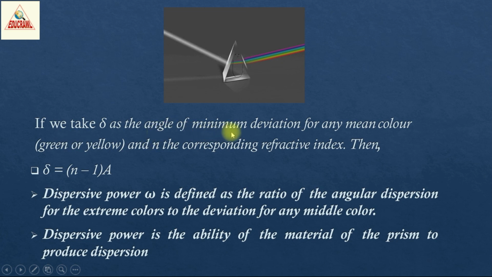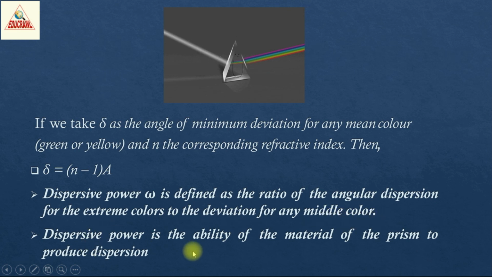If del is the angle of minimum deviation for any mean color and n is the corresponding refractive index, then we can write this equation as del is equal to (n minus 1) into A, where omega is the dispersive power, defined as the ratio of angular dispersion for the extreme colors to the deviation for any middle color.